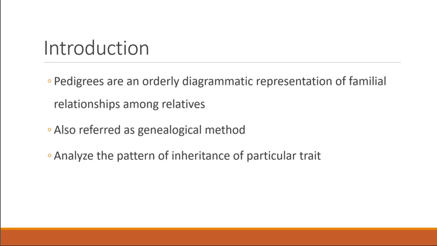How do you understand the dominant and recessive modes of inheritance, and how do you see the sex-linked and autosomal modes of inheritance? All of these become important as baseline knowledge to analyze these pedigrees. That is how we understand and analyze the patterns of inheritance associated with a particular trait being passed on from generation to generation within one family.